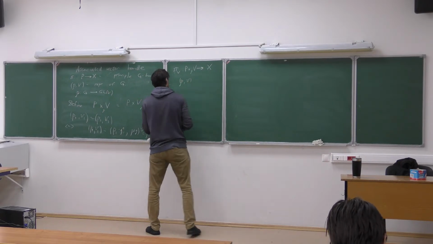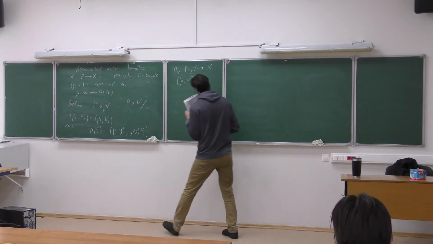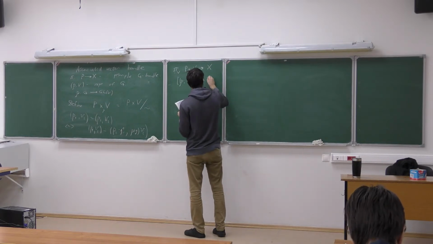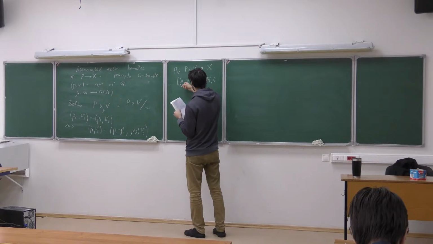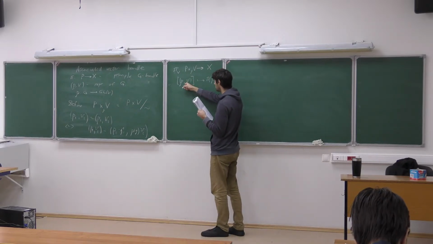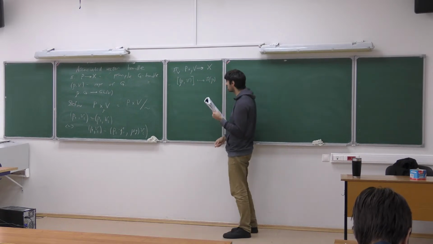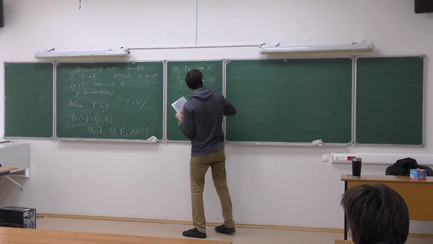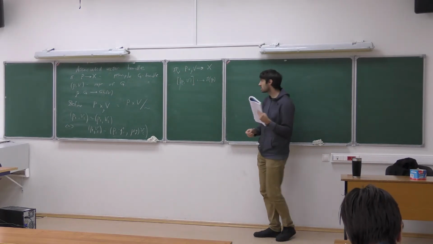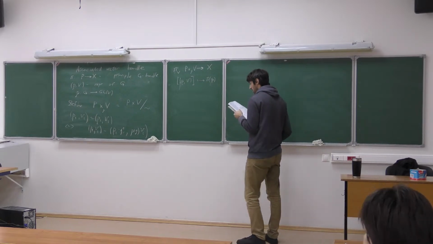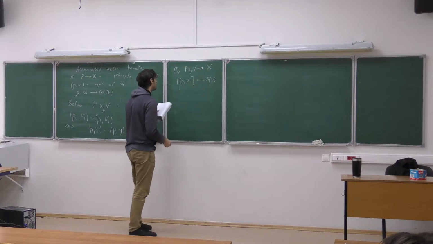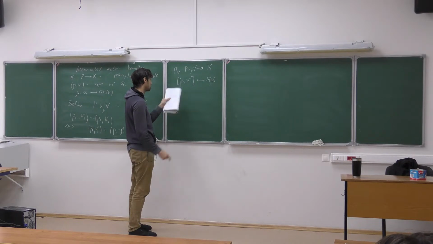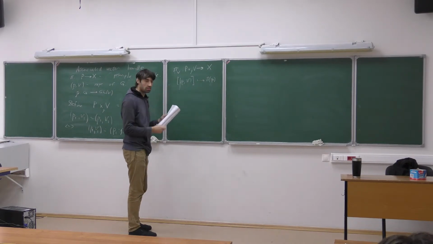I take the equivalence class with representative given by such a pair and send it to pi of p. So I just ignore the second entry and apply pi to p. Sorry, so rho is the representation, this is p. Like this. Right. So this is well defined because for different pairs, these p's are in the same fiber.